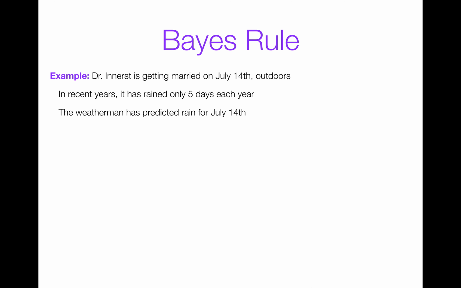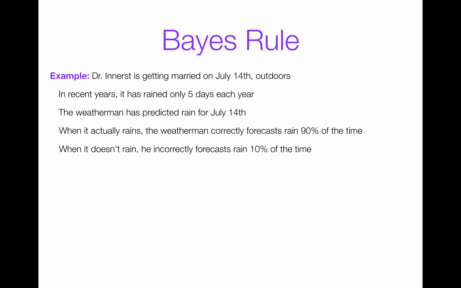Not great. And I know that when it actually rains, the weatherman correctly forecasts rain 90% of the time. And when it doesn't rain, he incorrectly forecasts rain 10% of the time. So I want to use all of that information to find the probability that it will rain on the day of my wedding.